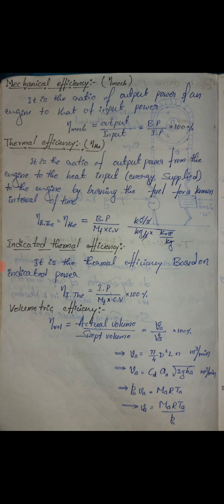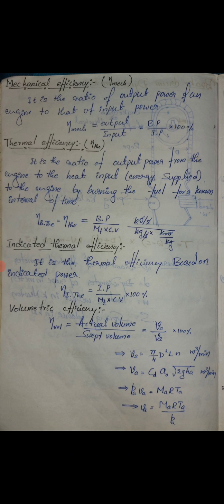Brake thermal efficiency is BP divided by MF into CV. It is also just called thermal efficiency. In the exam, if they ask you to calculate thermal efficiency or brake thermal efficiency, the formula for both is the same: BP divided by MF into CV.